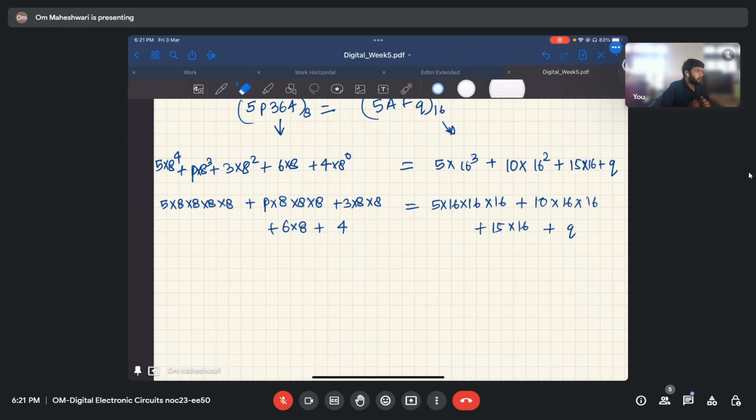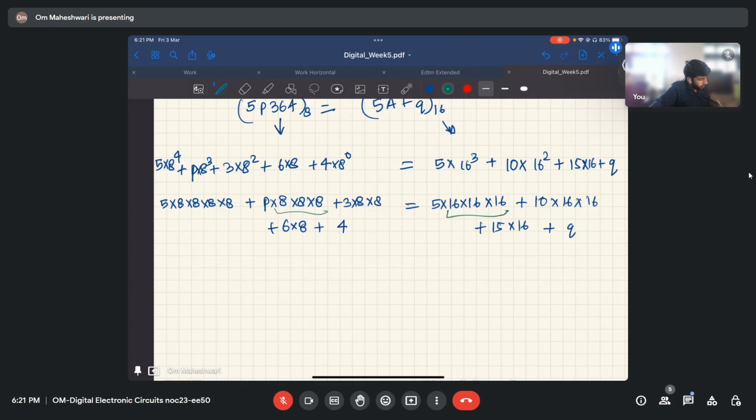Now, how can I compare the two? If I convert both of them to the same number of 16s or 8s. So I'll convert all the 8s to 16. How do I do that? Each 8 is 2 into 4.